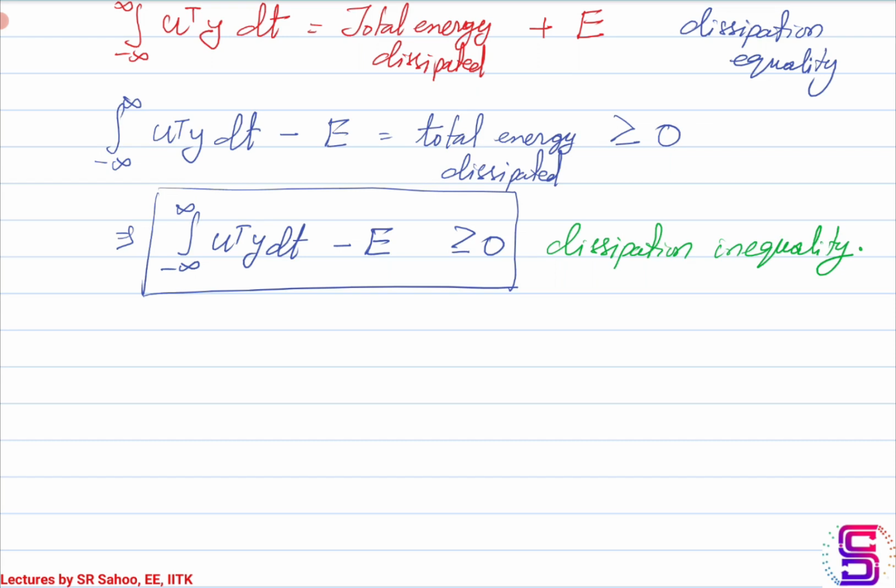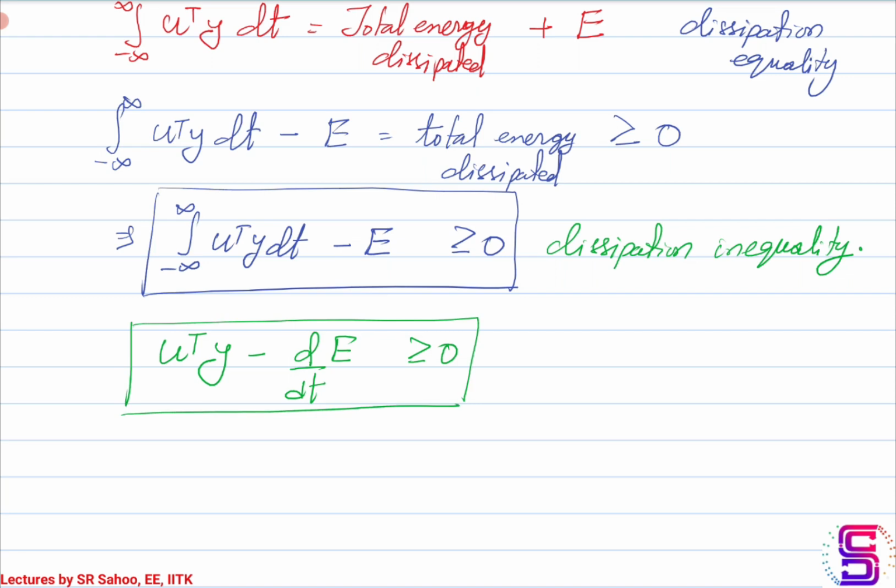Okay, this can also be written as u transpose y minus d by dt of energy stored should be greater than or equal to 0. So this is indicating what? That the power that is being, or energy supplied per unit time, minus the rate of change of energy stored. Okay, so energy supplied per unit time minus the rate of energy stored should be non-negative for a passive system.